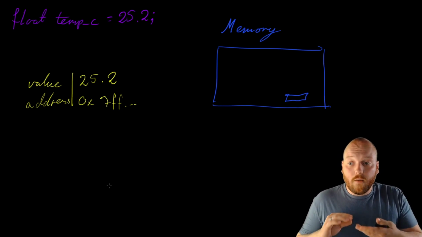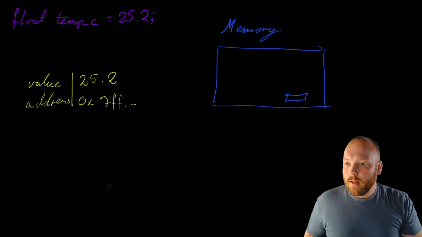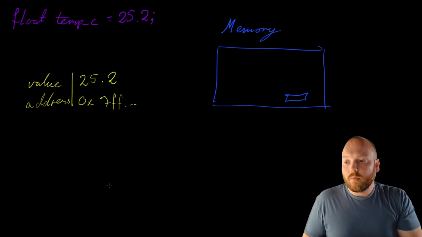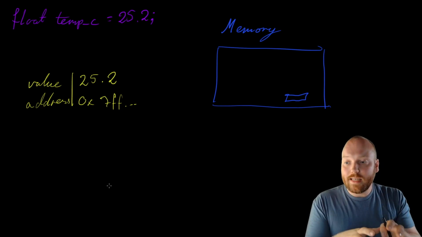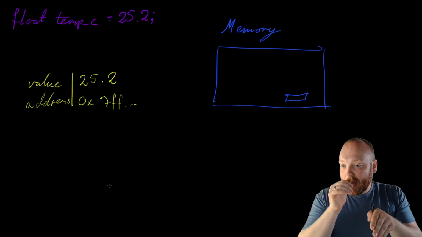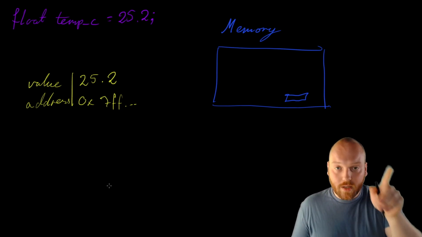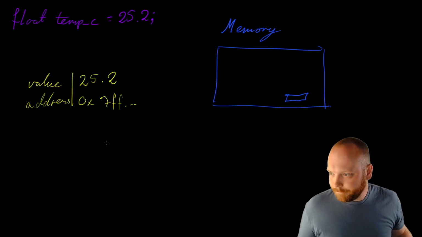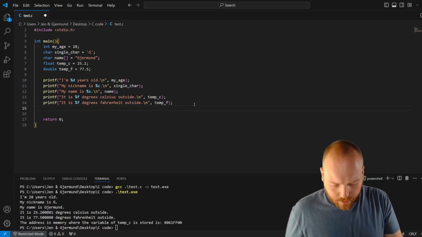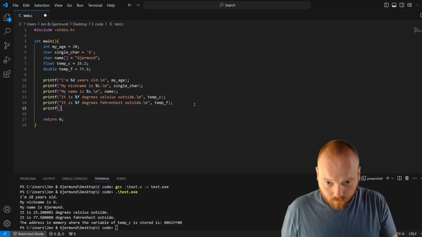Then store the value 25.2 in that space. This space has an address in memory, and let the name tempc be an alias that points to that address. To see the address that tempc is pointing to, we can actually do this in code. Okay, so how do we do this? We need to add another printf statement, right here.